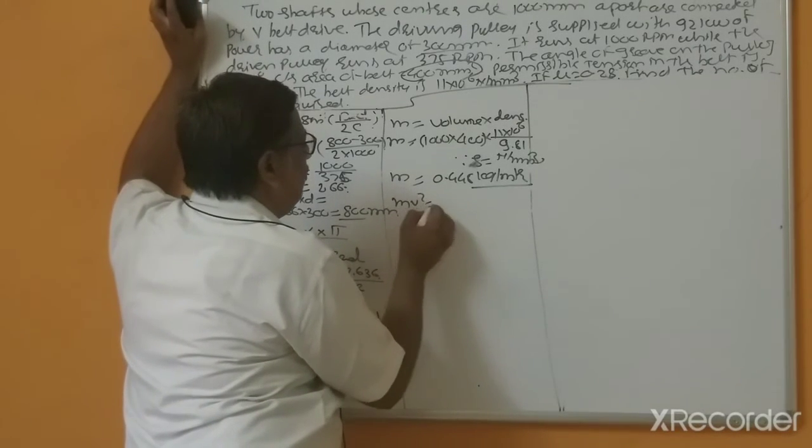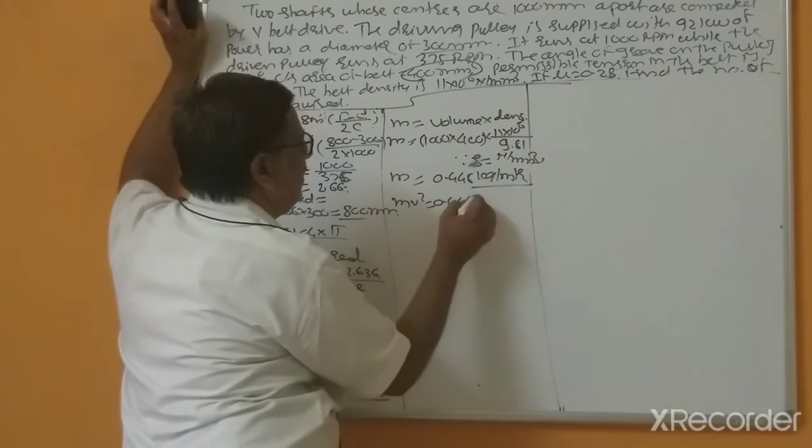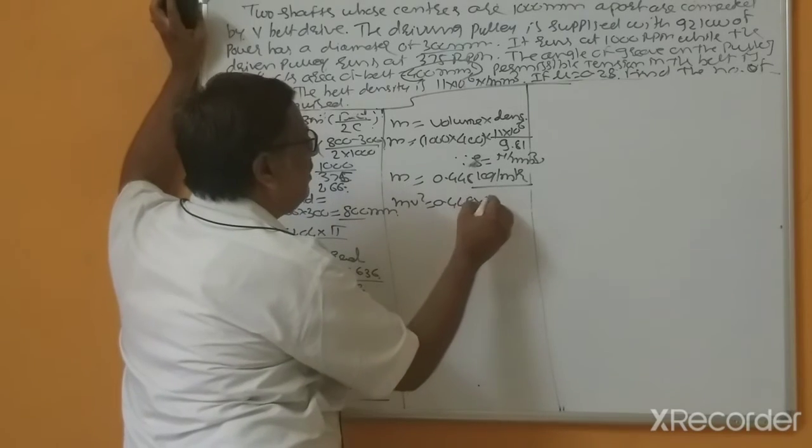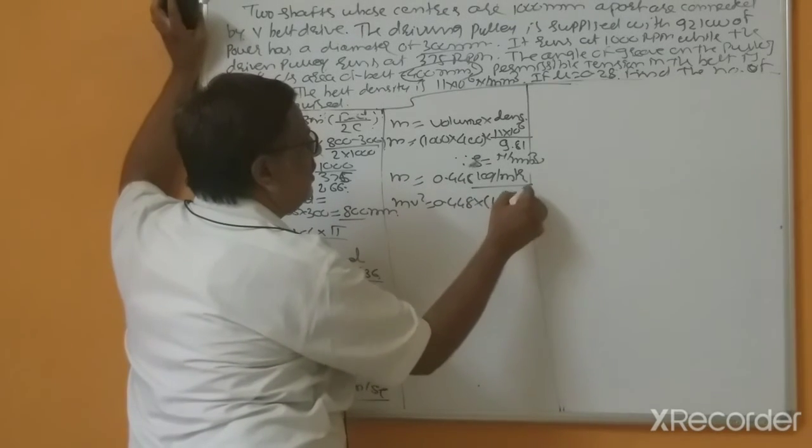So that's why mv square, with v equal to 15.707, squared.